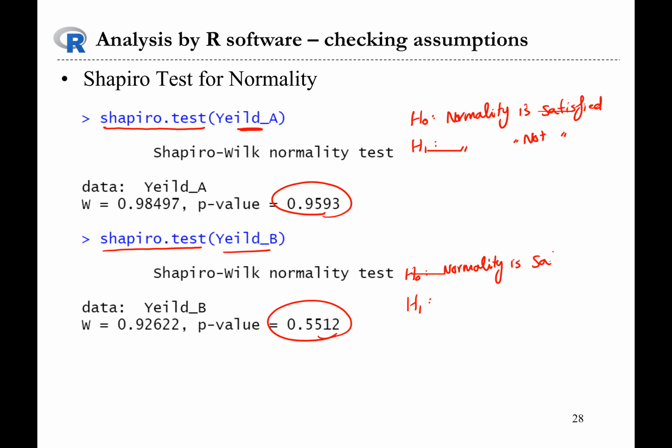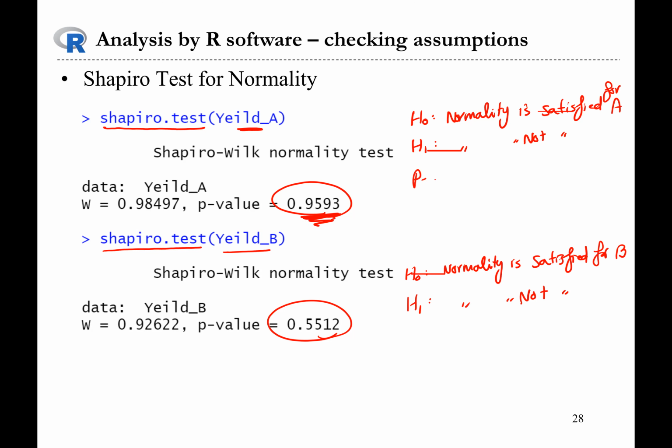For our case, H0: normality is satisfied for A, normality is satisfied for B. HA: normality is not satisfied. So the p-value should be big to fail to reject H0.